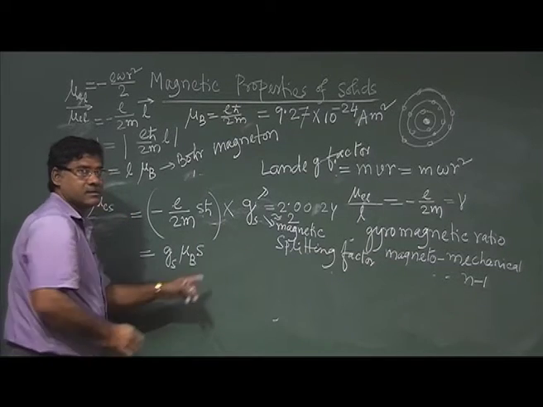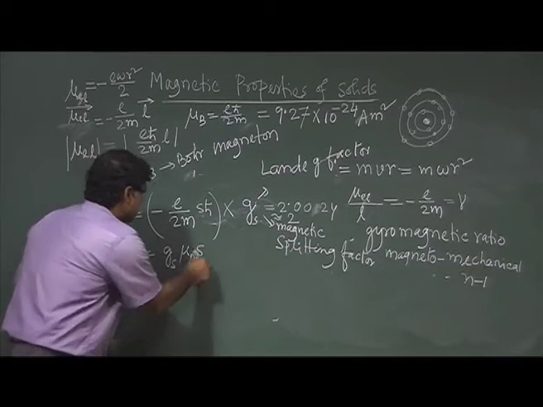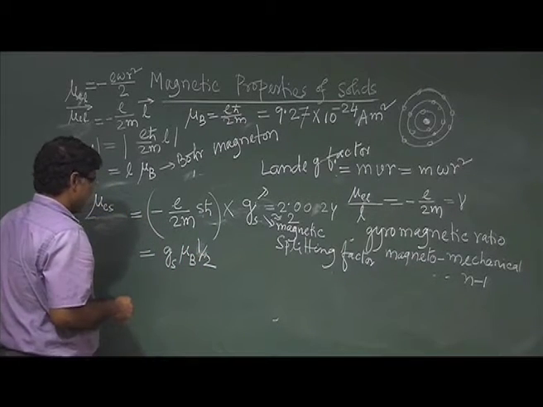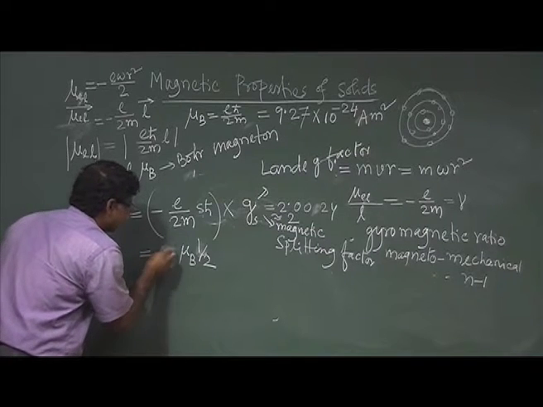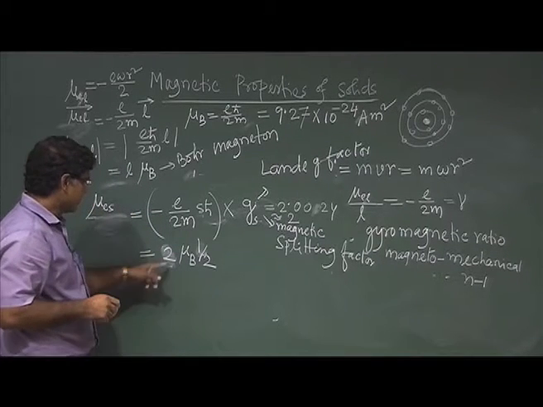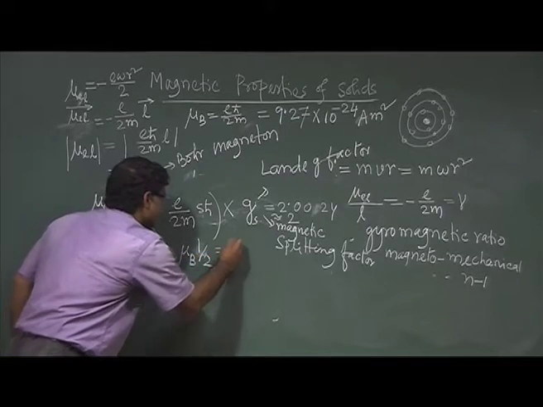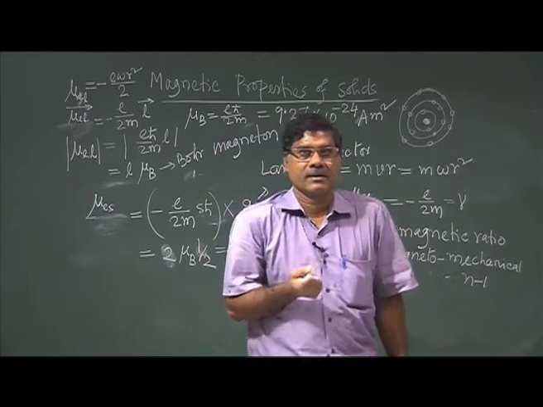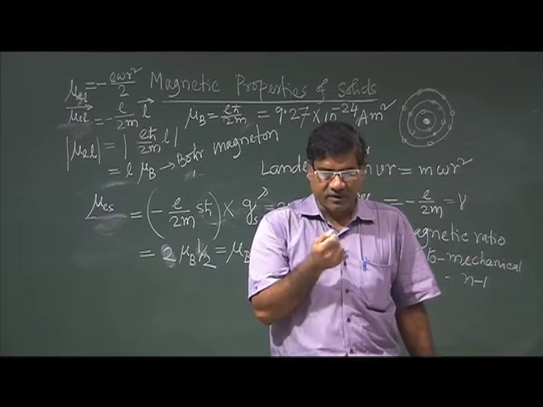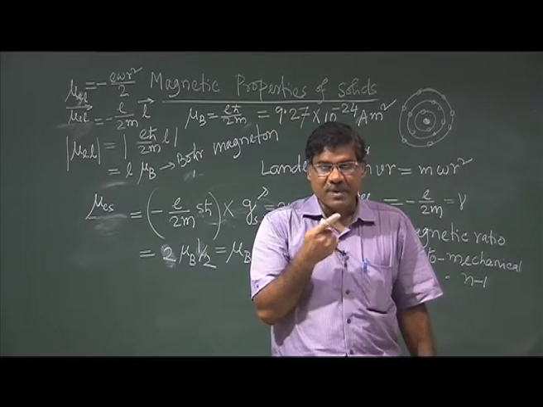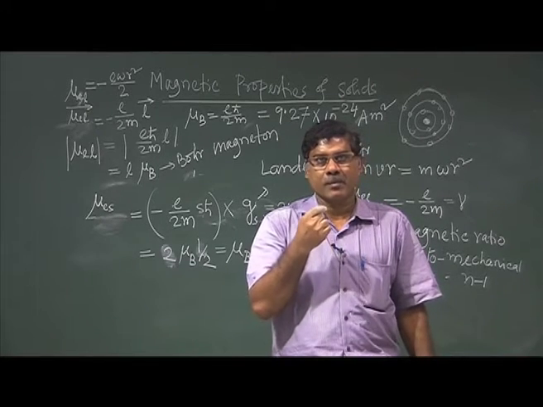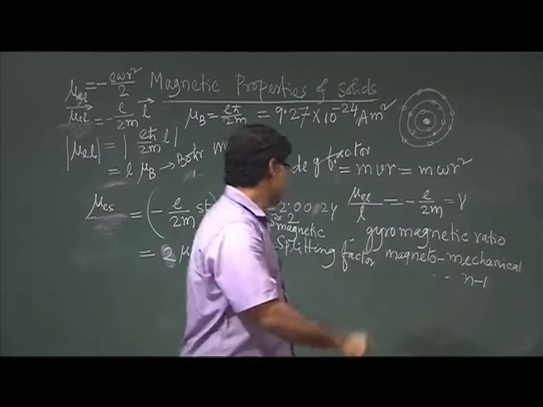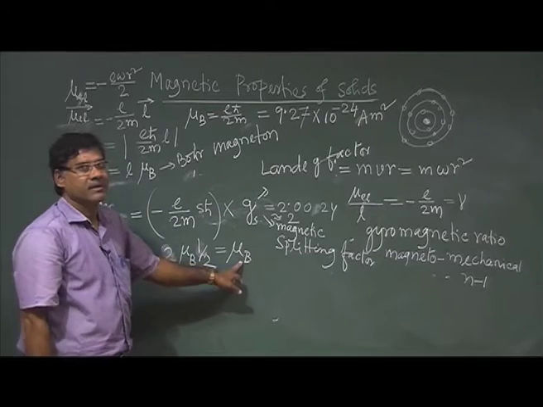For electron spin, s is half all the time for an electron, and g is taken as 2 for the electron spin. So, it is basically mu_B. So, the spin magnetic moment, the magnetic moment due to the spinning motion of each electron, is mu_B.